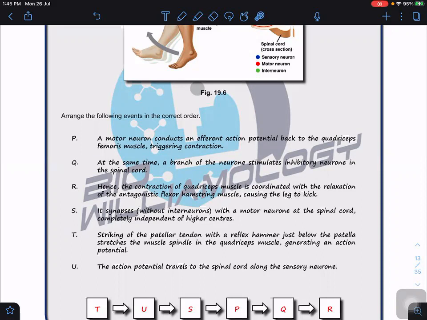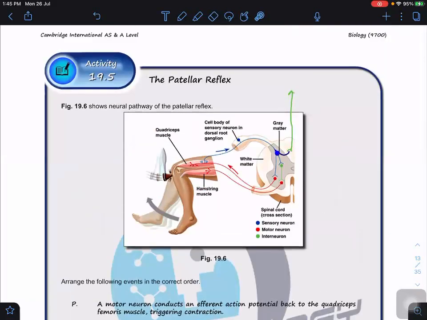So the contraction of the quadriceps muscle is coordinated with the relaxation of the antagonistic flexor hamstring muscle, causing the leg to kick or to have a jerking effect. And as I said, you do have other intermediate neurons to bring the action potential to our brain so that we can remember as well as interpret, oh yeah, someone hit my quadriceps muscle.